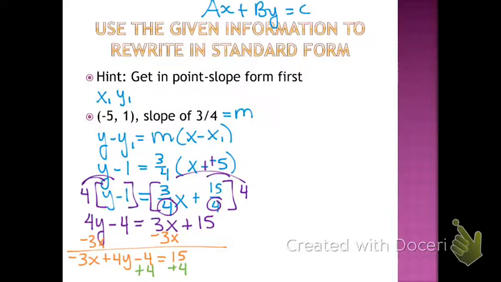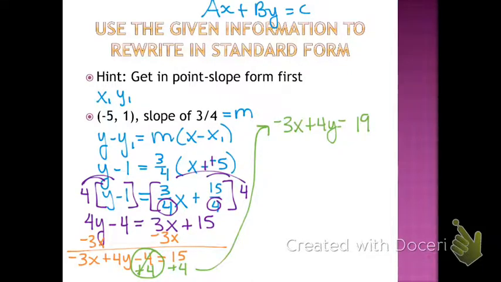I'm going to move over here just because I'm running out of space. So on the left-hand side, the negative 4 and the positive 4 add up to 0, so those cancel out. And then we're left with the negative 3x plus 4y. And on the other side, we've got the 15 plus the 4, which is 19.